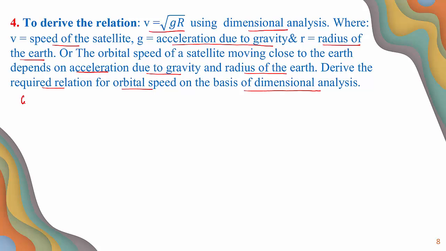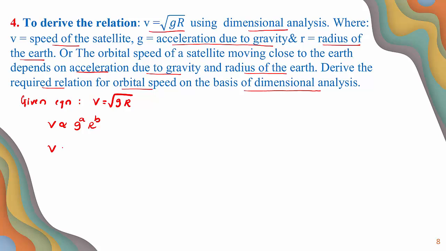See here, first we have to write the given equation. What is the given equation? V equal to root of G into R, where V indicates orbital velocity, G indicates acceleration due to gravity, R is radius of the earth. So this equation can be written as, first we have to write this equation as V is proportional to G raised to A, R raised to B.